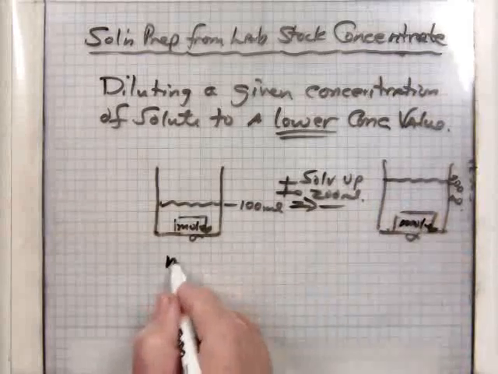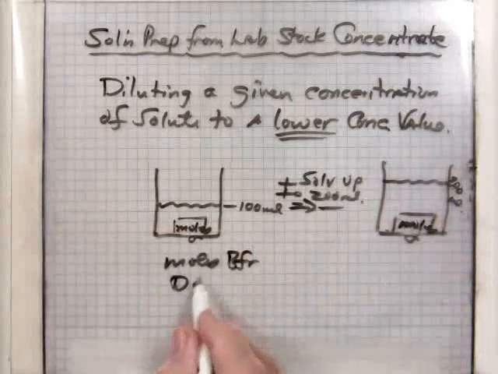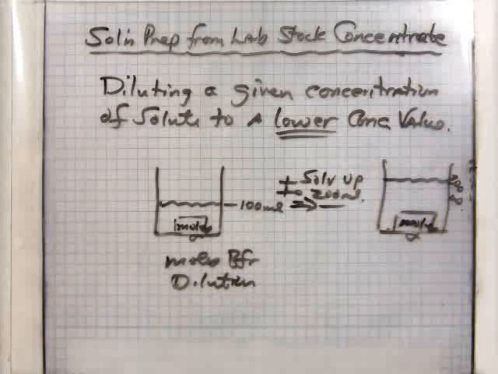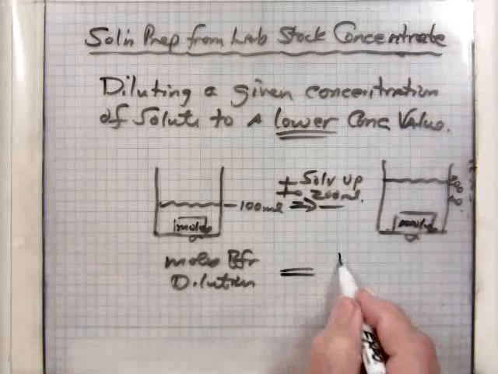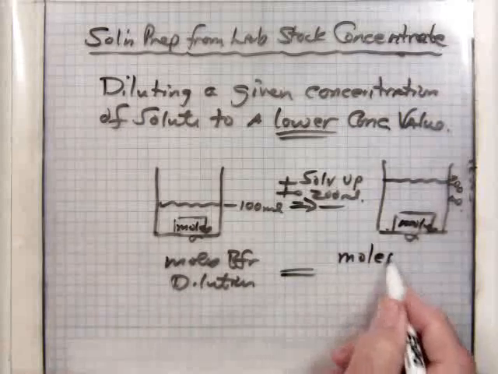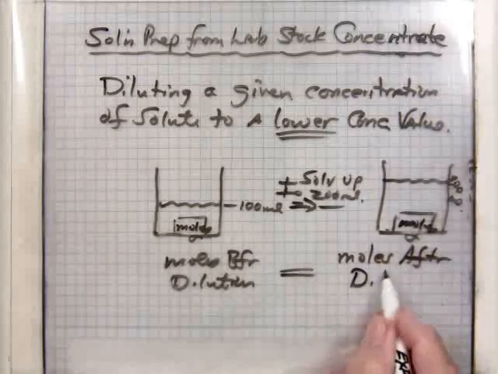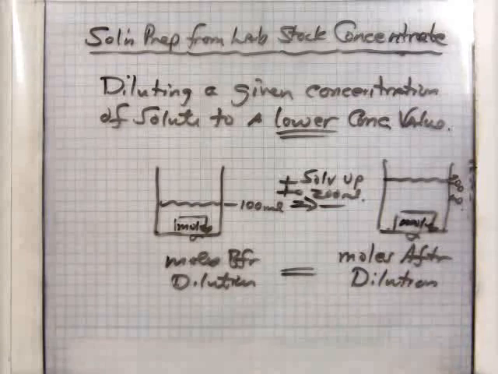So the moles before dilution, now moles is a mass number, okay? Moles before dilution will be equal to moles of solute after dilution. See the logic? Anybody? Everybody okay?